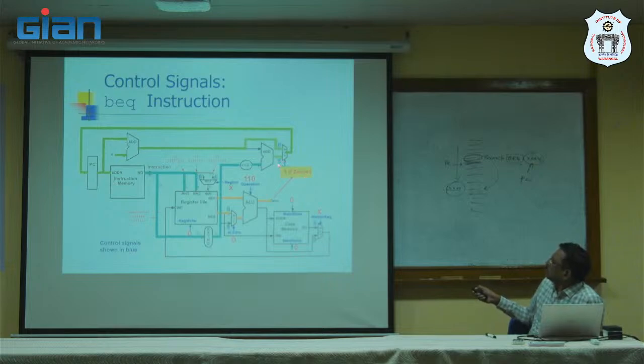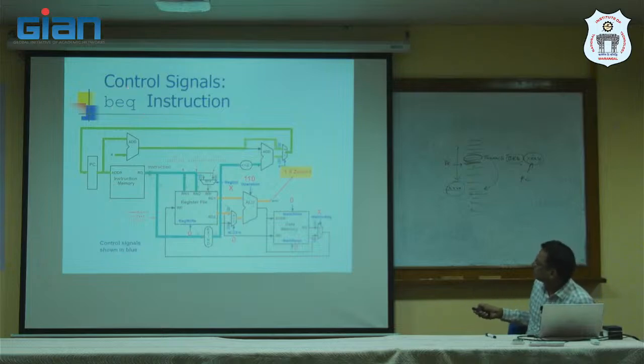This is 1 or 0. So because this is 1 and this input is 0, then this address will be added. These are the control signals for the branch on equal instruction.